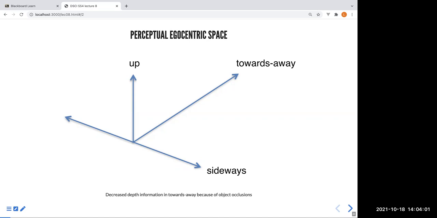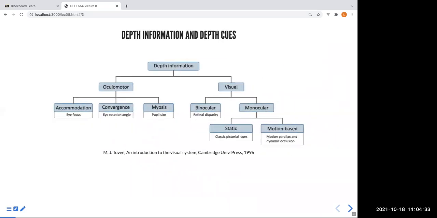But obviously, if you turn your head to the sides, then the same happens, and also up. Now, usually when you look up, you either have a roof and there is not much interesting to see, or the sky. So in that case, the 3D information is usually not relevant. So most of the time, towards away is the direction that we're considering.